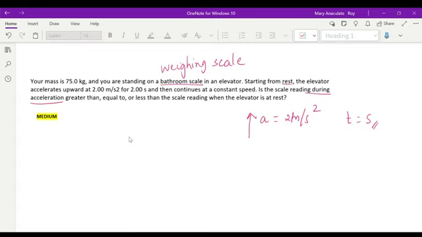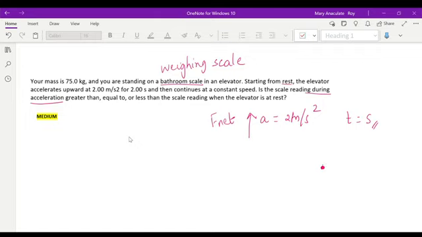So let's see, in this situation, since it's going up, there is a net force acting upwards, right? Now, in any situation, whether it's a vertical movement or horizontal movement, you will try to identify what are the forces acting on the object, or in other words, a free body diagram, that will help you even if it's not given in the question.